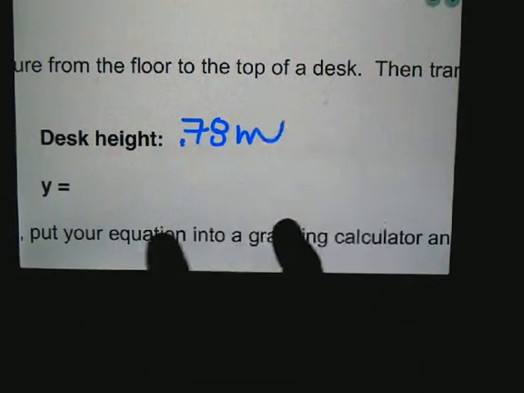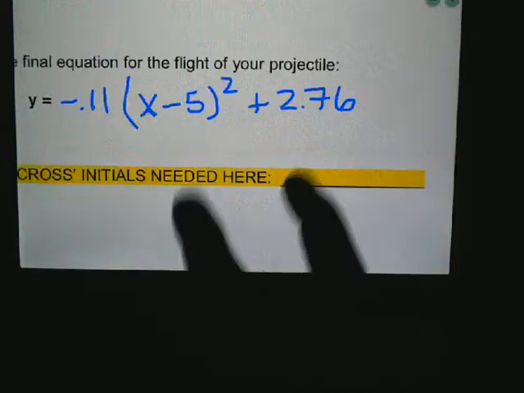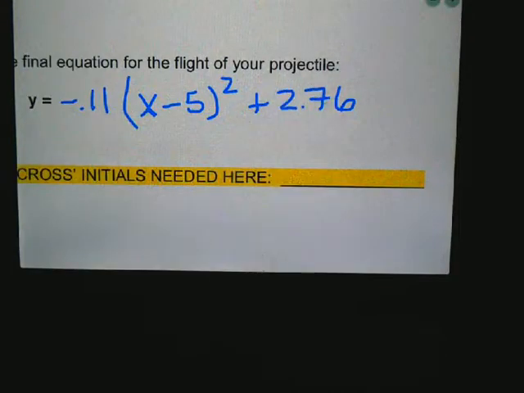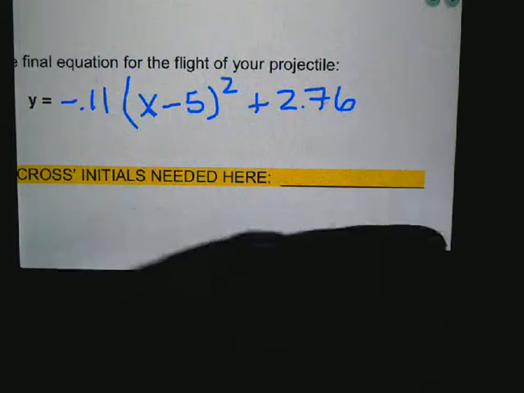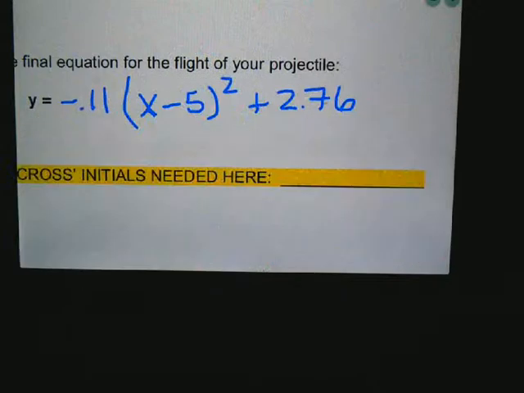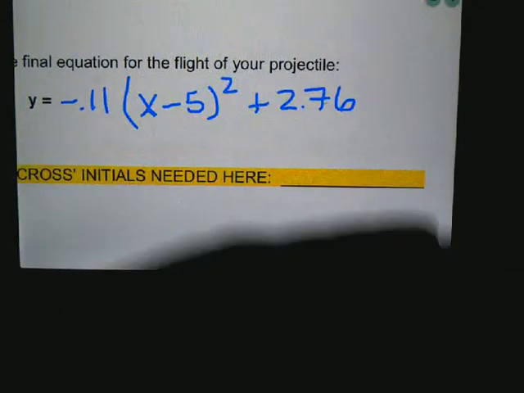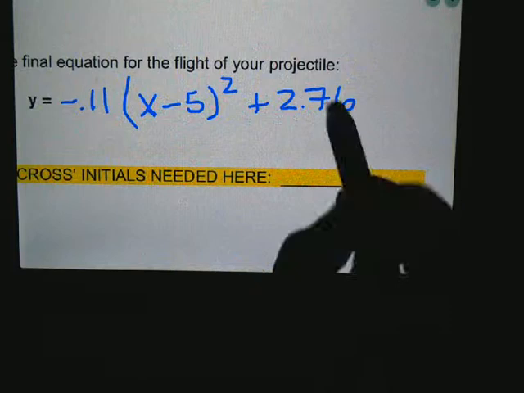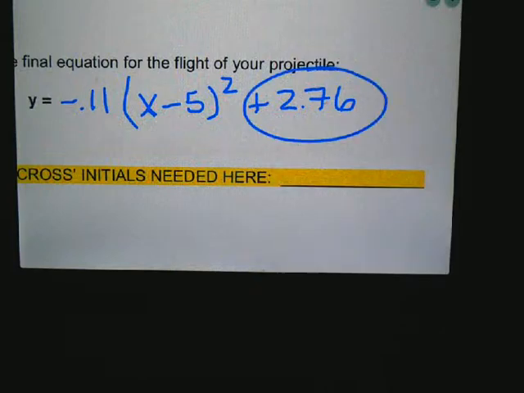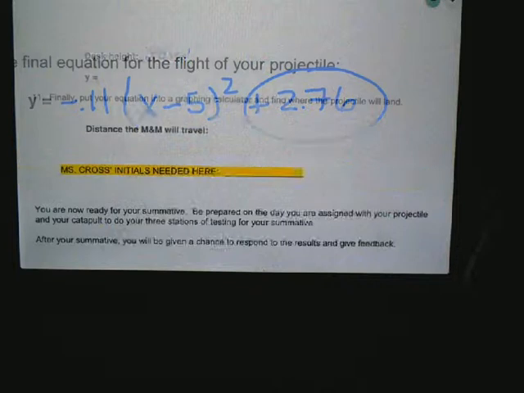So my y value, we have to translate the whole thing. Now, this is what we're translating, this equation, and by translating, I mean we're going to have to bump this up a bit. The whole graph, or your whole projectile, is being shifted up on the table. So the thing that shifts our equation up is this k value. So we're going to change that k value by adding the desk value to it.